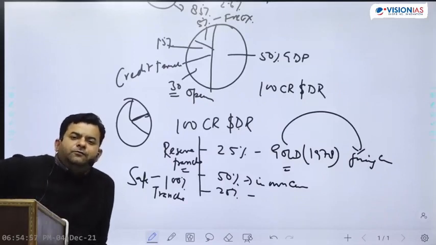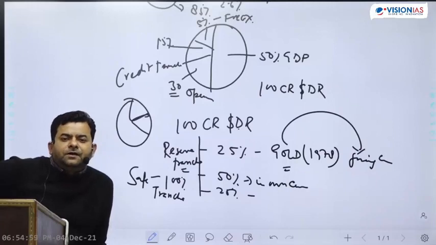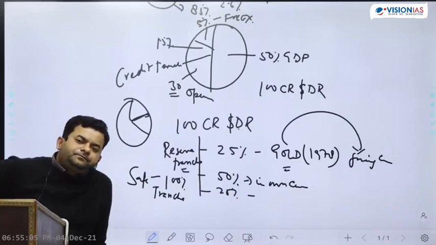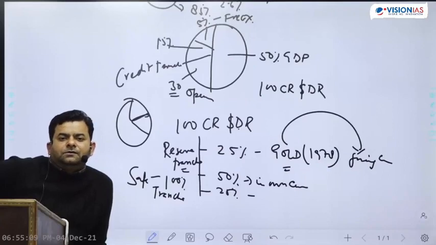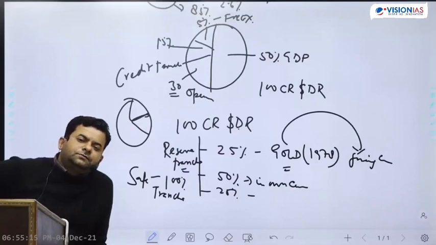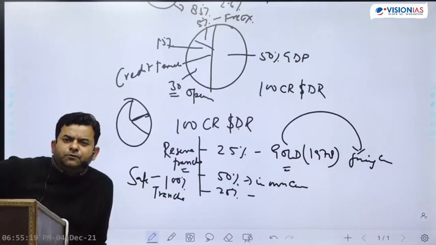In bracket you can write, before 1978 in gold. This is called gold tranche or reserve tranche, or reserve tranche position.